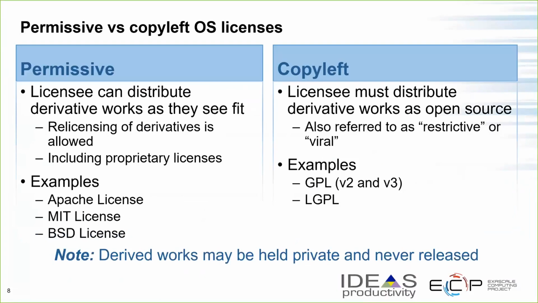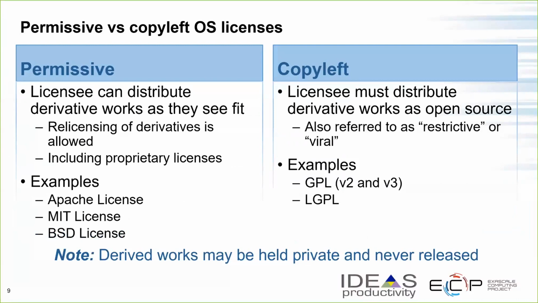And then within open source, you often hear phrases like permissive and copyleft, or viral licenses, or things like that. So what does that mean? Well, on the left side, you can see permissive. That means basically that the licensee, someone who receives a copy of the software under a certain license, a permissive license, can distribute derivative works as they see fit.